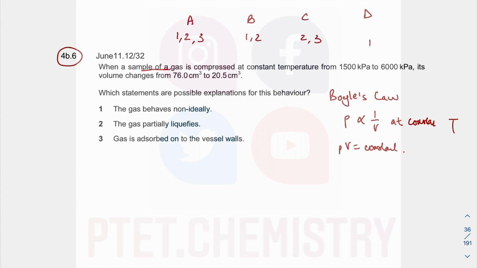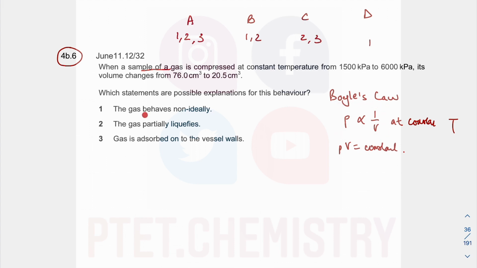We are given the initial pressure and the initial volume, so we can work out the initial P times V. We can also work out the final P times the final V in the second situation and see whether they have the same value or not, because if they have the same value, that means they have behaved ideally, because ideal gases follow Boyle's law.